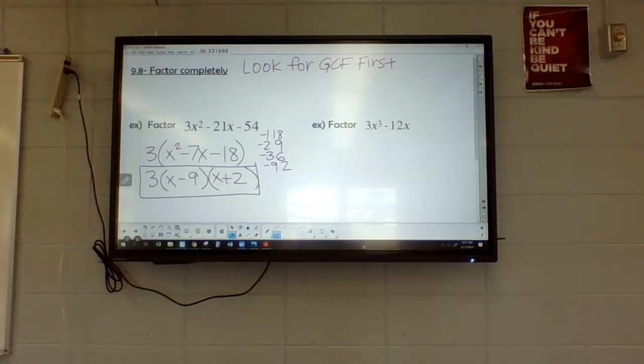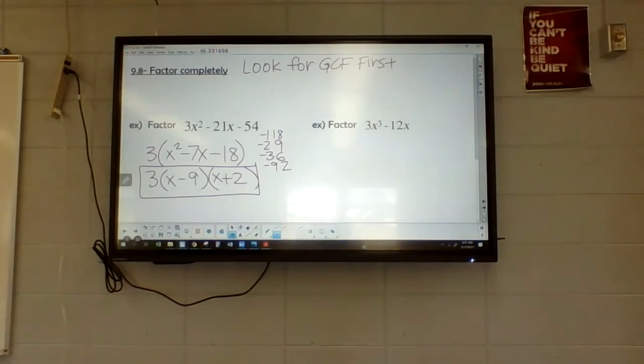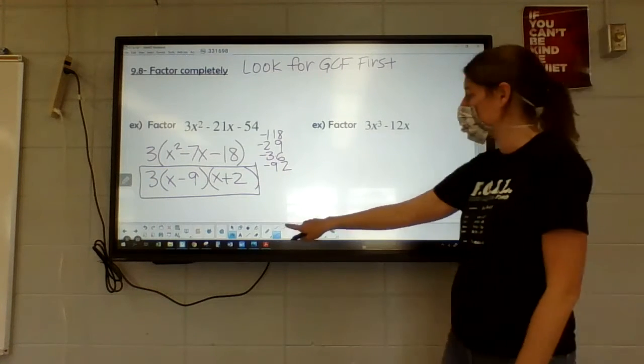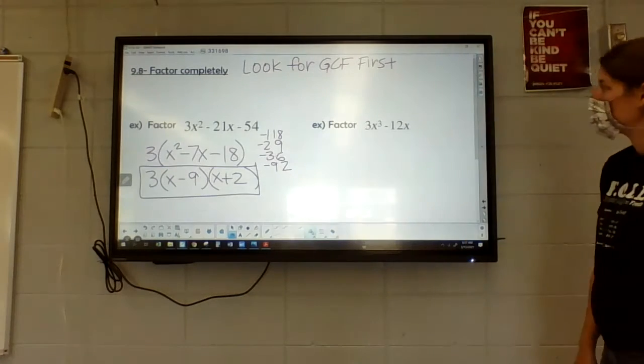So that's considered factored completely. A lot of this is going to feel like review from the past few days, because technically it is. We really aren't learning anything brand new here today. How about this next one? What can we take out?